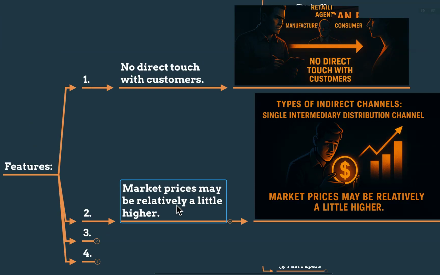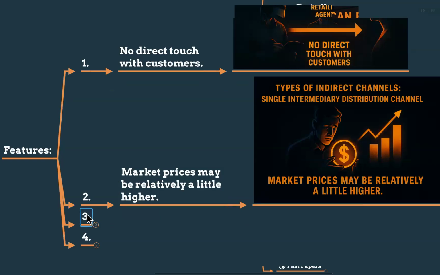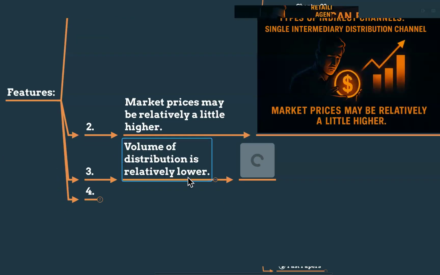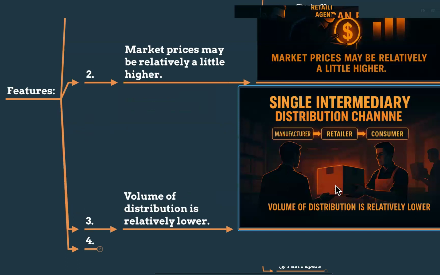For example, let's think about Munchie biscuits. A packet of Munchie biscuits costs a bit more at the shop than at the factory because there is a profit margin for the retailer. At the same time, the volume of distribution is relatively low, limited by retailer capacity.